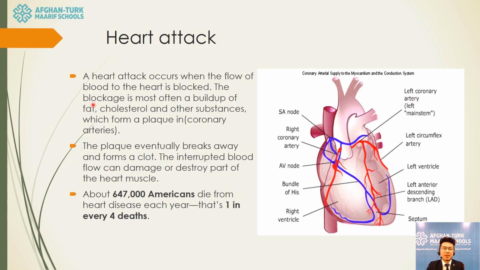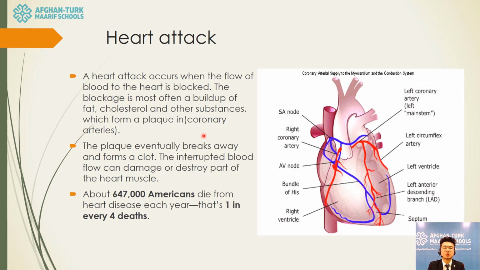Heart attack. A heart attack occurs when the flow of blood to the heart is blocked. The blockage is most often a buildup of fat, cholesterol, and other substances, which forms a plaque in the coronary circulation you have studied.